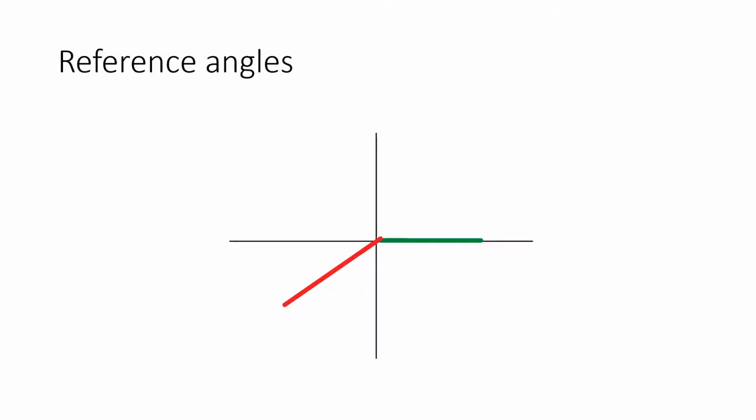If we had, let's say, a movement of 210 degrees, what would you say the reference angle is? Pause it, think about it, think what you would say about that. Well, we said that the reference angle is that short angle between the terminal side of the angle and the x-axis. So remember, this is our terminal side.